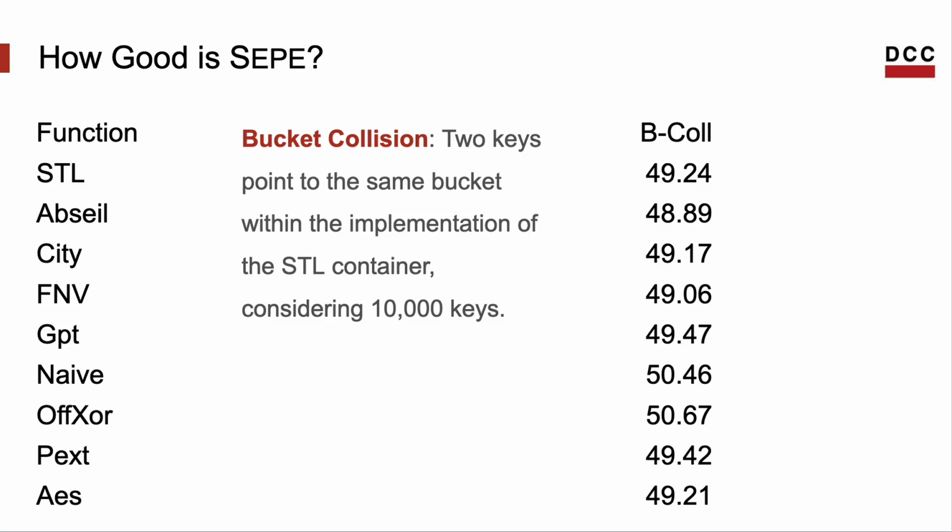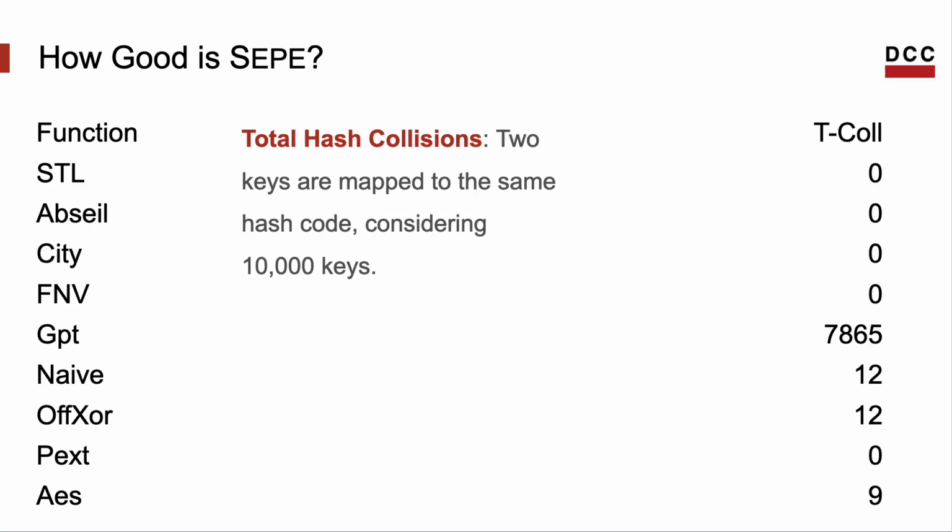If 2 keys map into the same bucket, it doesn't really mean that there's a collision, but they'll be indexing the same part of the data structure. You see that even though our distribution is not amazing, we still get more or less the same number of elements per bucket in the STL data structures. And here is the number of true collisions, when 2 different keys map to the same hash. We get 12 collisions out of 10,000 keys. Mind that GPT got quite a high number of collisions, in the functions that were produced by GPT.